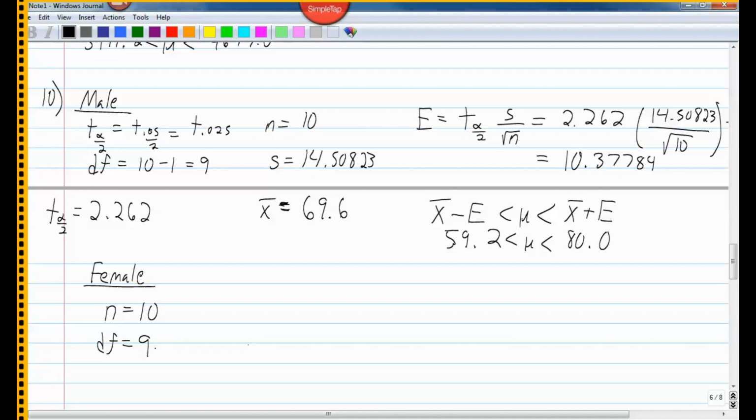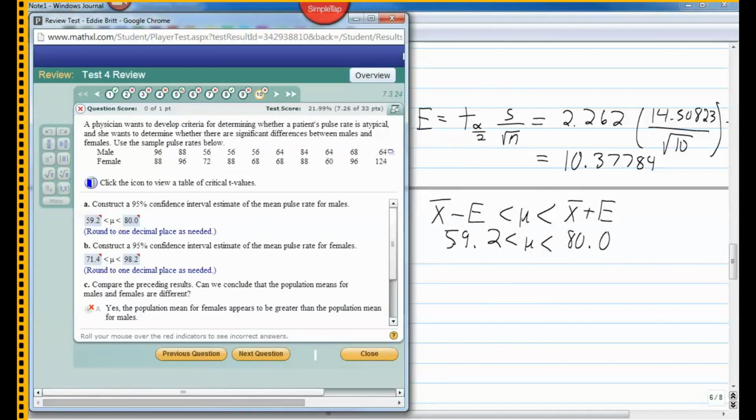It's going to be 9, but we really don't need that because we've already figured out the critical t-score. The critical t-score is going to be the same because we have the same confidence level and the same degrees of freedom. So there's that. And so the main difference is this right here. You've got to find the sample standard deviation for the female set of data.